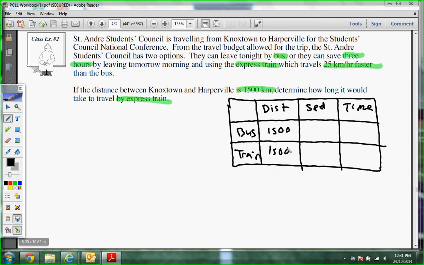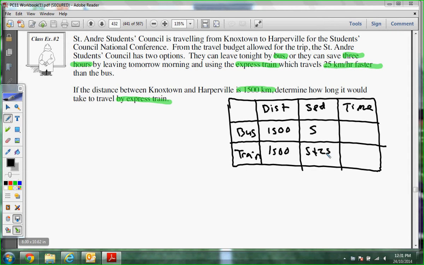Okay, now, this next part is where it gets a little bit confusing. Which one is slower, the bus or train? The bus, right? And it says that how much faster is the train? 25. So do you understand that bus is your S, and then train is your S plus 25? Okay, because it's the faster one.